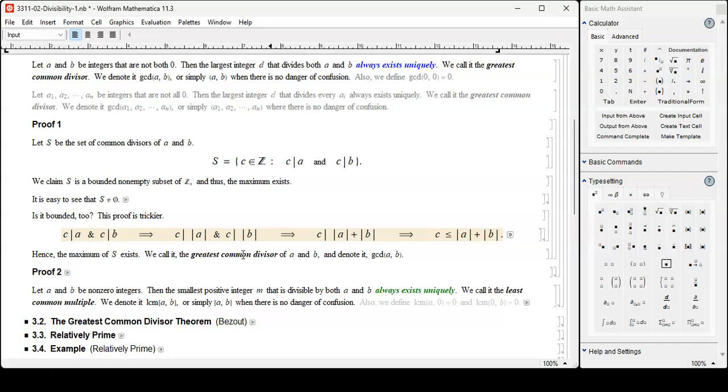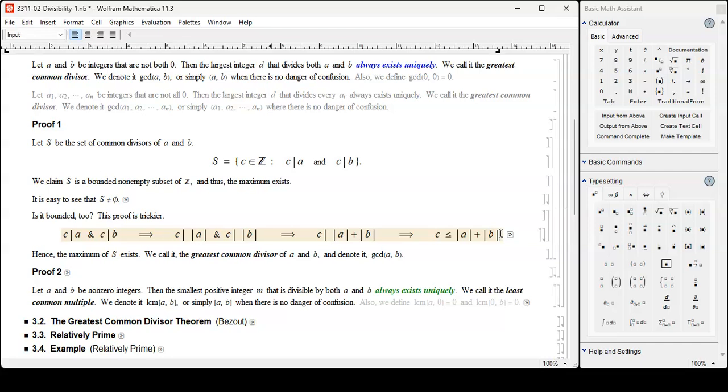Same for this. So we get that. And then if you add them up, C divides the sum of those absolute values. Now, because C divides that, we can say C is less than or equal to the absolute value of A plus the absolute value of B.